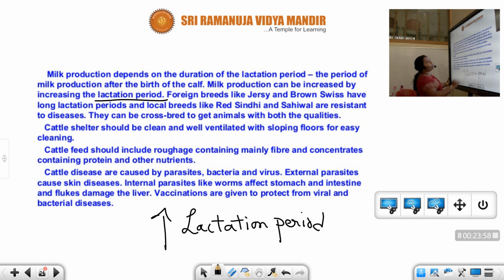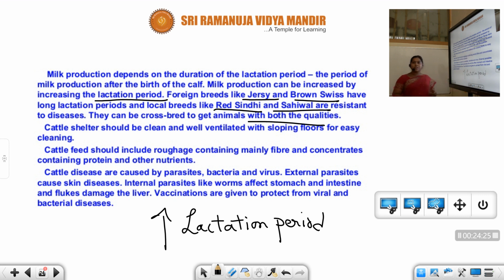Understand? Right? So foreign breeds like Jersey and Brown Swiss have a long lactation period, whereas Red Sindhi and Sahiwal, these are the Desi varieties, are more resistant against diseases, so they can be crossbred to get animals with both good qualities.